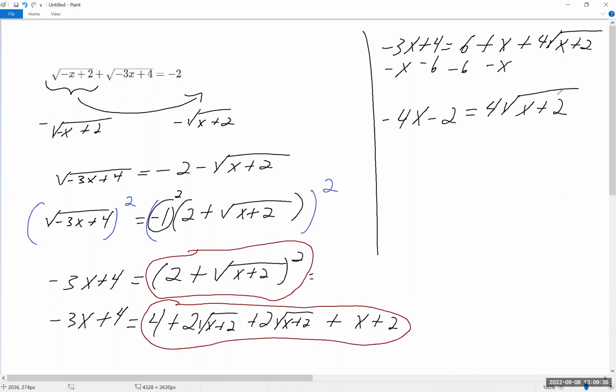And I really think I'm doing all this work, but I'm pretty sure it's going to be an extraneous solution. Let me divide by 4 just because that's going to simplify my work just a little bit.